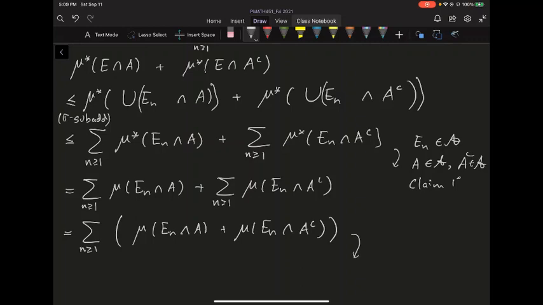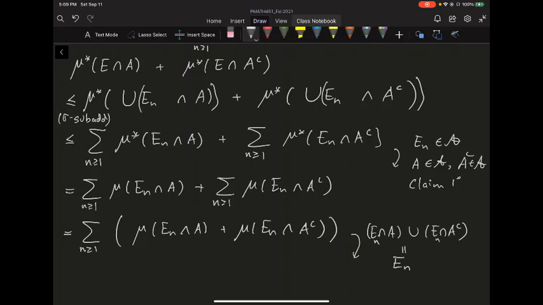If you union E intersect A and E intersect A complement, you're asking for everything inside E that is either inside A or A complement, and you can convince yourself this is just equal to E, or rather each of these En.